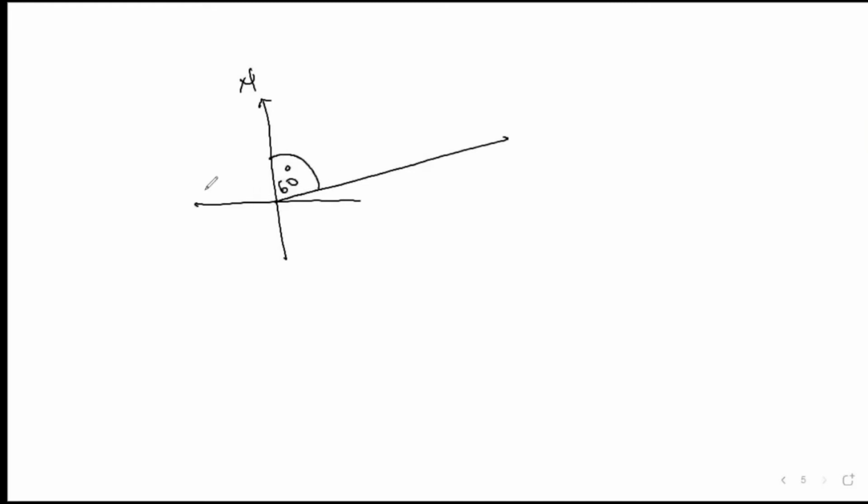Now, if this one is, let's say, flight A, and we have flight A to be 60 degrees, so the bearing of flight A to flight B is 60 degrees. What would be the bearing of flight B to flight A?